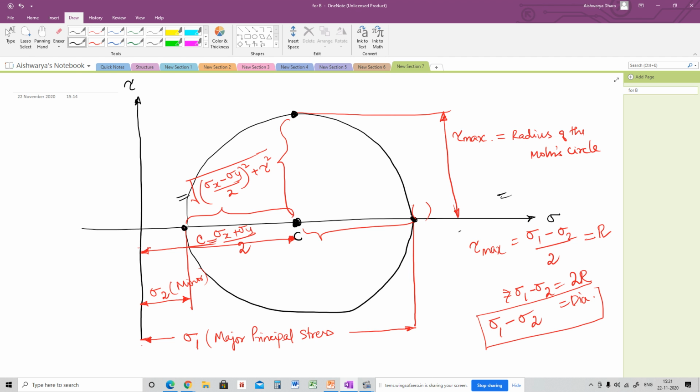This is a very important topic, and structures is very scoring. You just need to remember the formula and where to implement which formula. See the connectivity: tau max equals sigma 1 minus sigma 2 by 2. This can also be represented as the diameter, the radius.